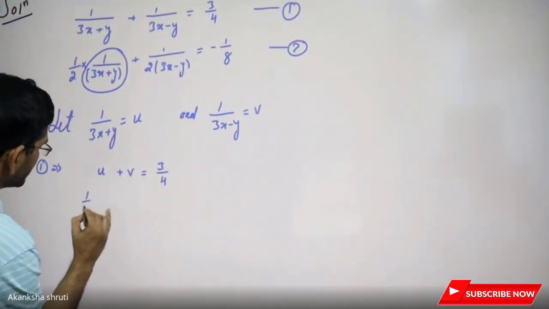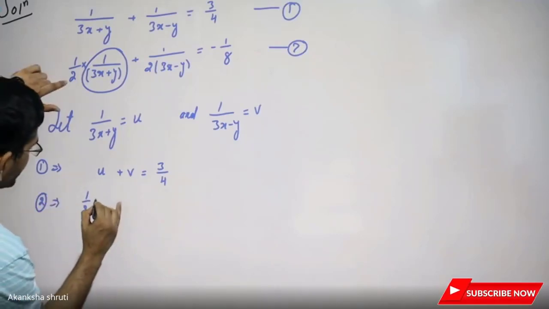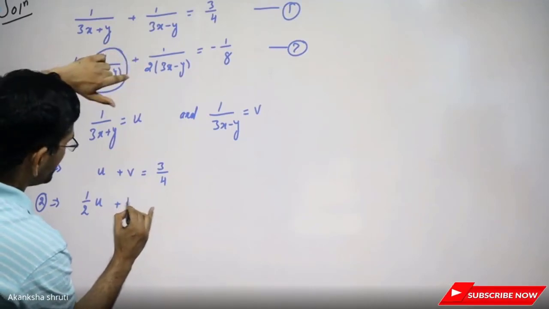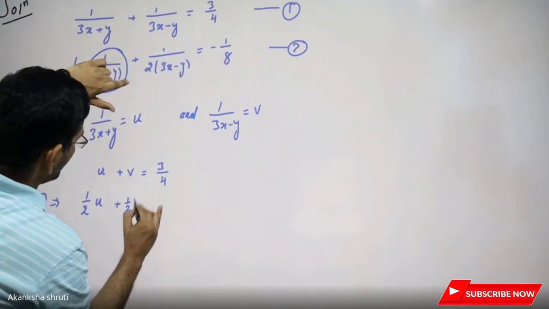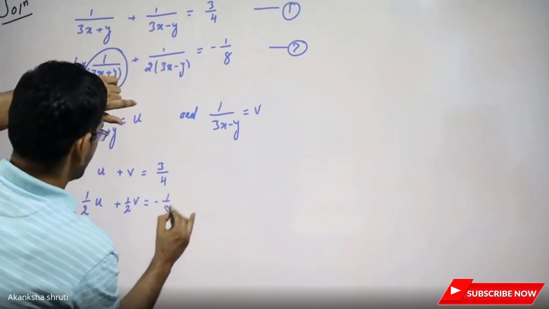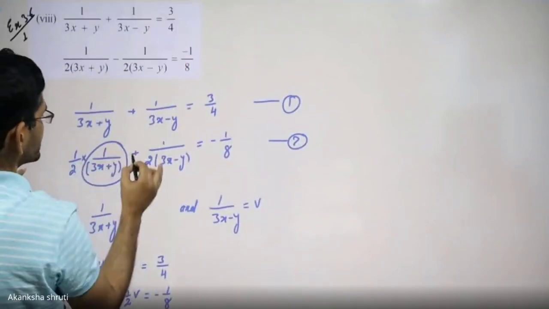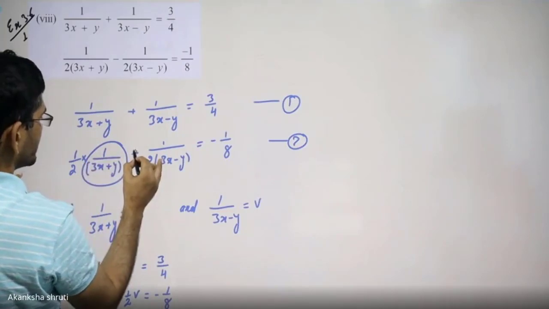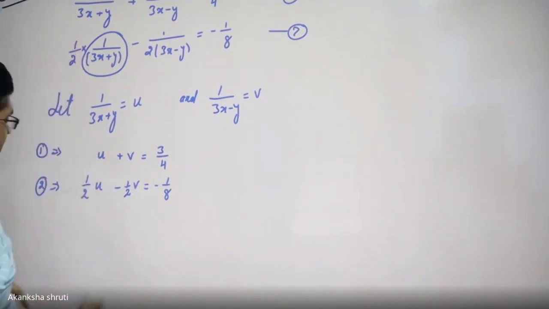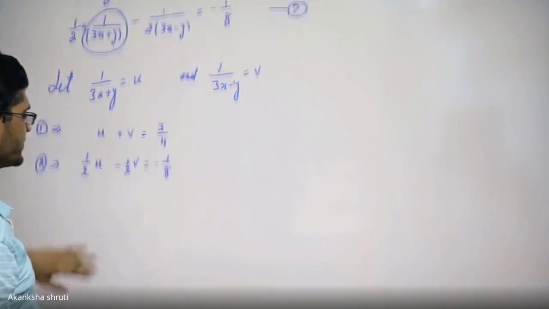So the equation number 2 is 1 by 2 into u plus 1 by 2 into v is equal to minus 1 by 8. Student, a minor printing mistake is there. So we have two equations which are linear in u and v. We need to solve them.